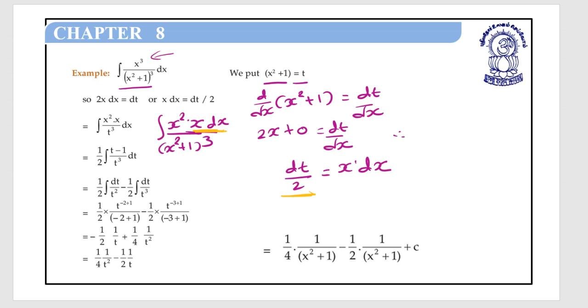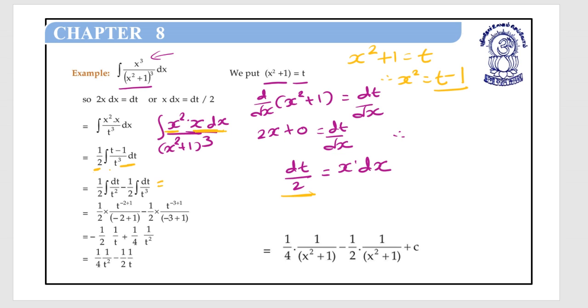Here x square plus 1 is equal to t, so x square is equal to t minus 1. So instead of x square put (t minus 1) upon t cube into dt by 2, with 1 by 2 constant common. So now solve the example.